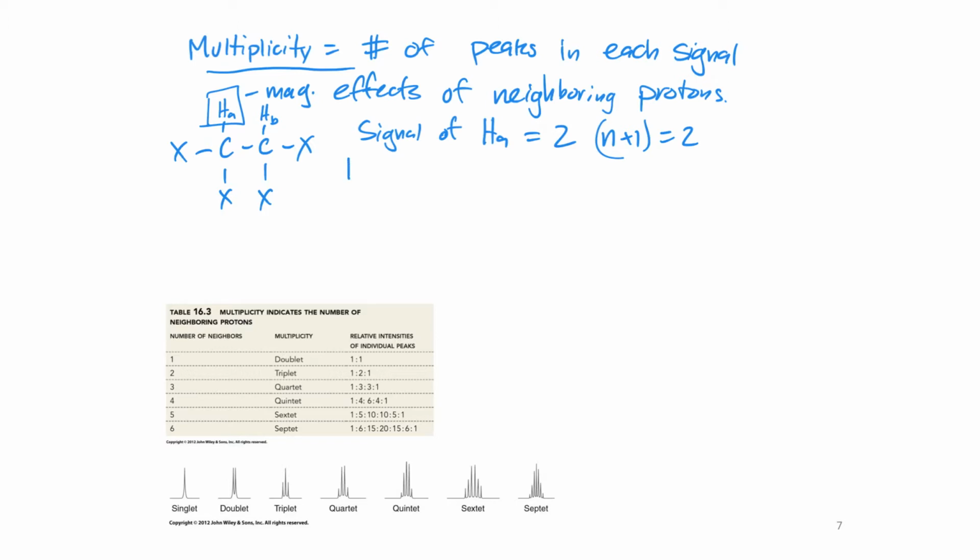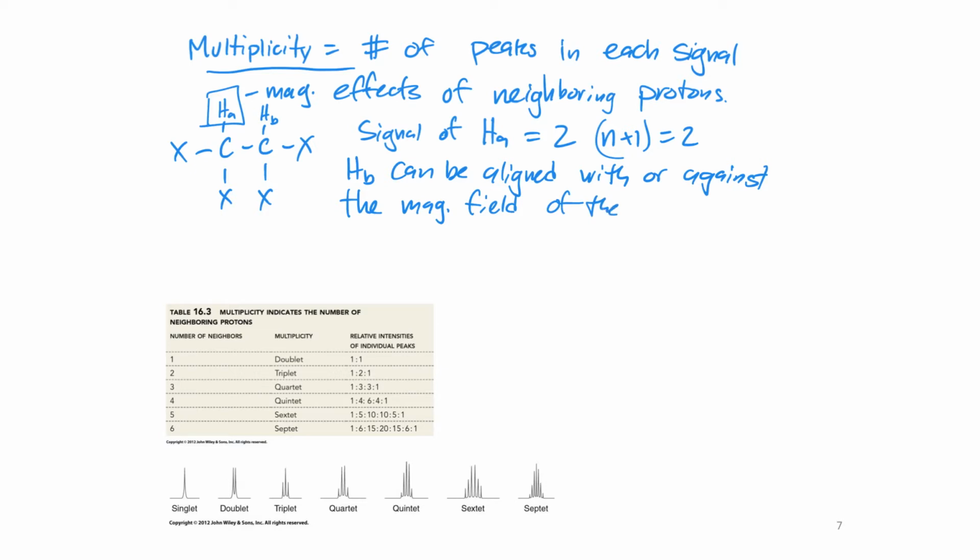How does that happen? Well, HB can be aligned with or against the magnetic field of the instrument. So what this means is it has a spin state that could either be up, we call that an alpha spin state, aligned with, or it has a spin state that can be against the magnetic field.